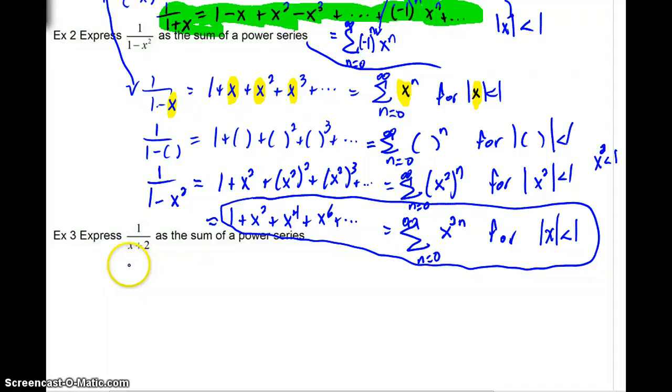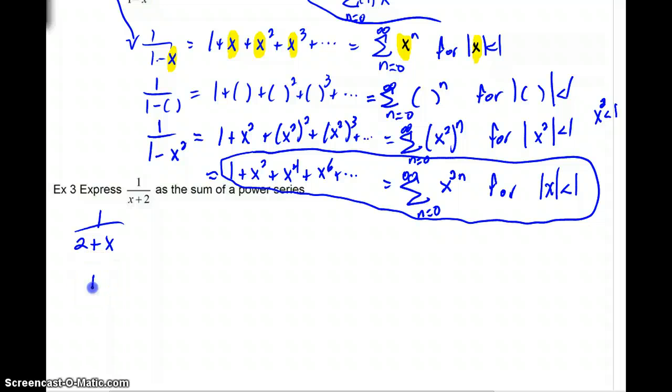If I may, I'm going to look at 1 over x plus 2, which is 1 all over 2 plus x. And after that, I'd like to actually factor out a 2. Now, very often kids might say, why are you doing that? Well, here's why. Let's do a little bit of work over here.